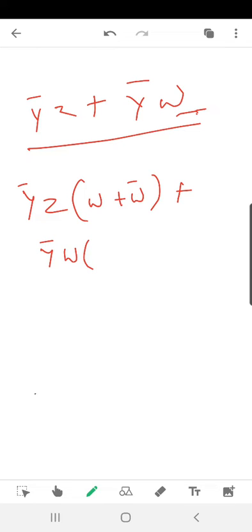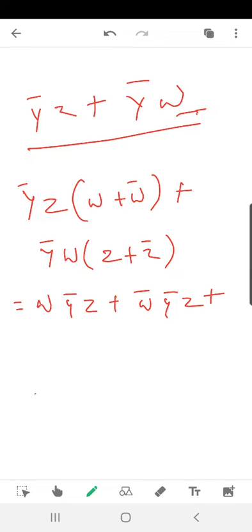In this term z is missing, so we will write (z plus z bar). Now open the brackets, we will get w y bar z plus w bar y bar z plus w y bar z plus w y bar z bar.